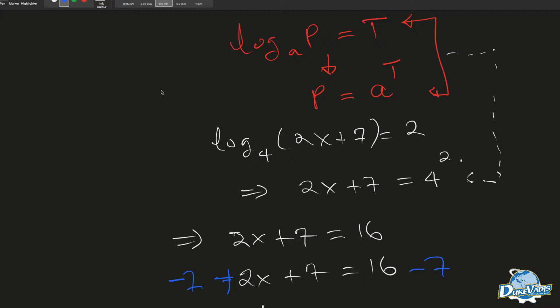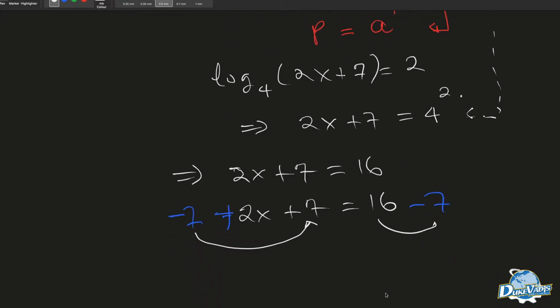So we're left with 2x is equal to 16 minus 7, and that will give us 9.